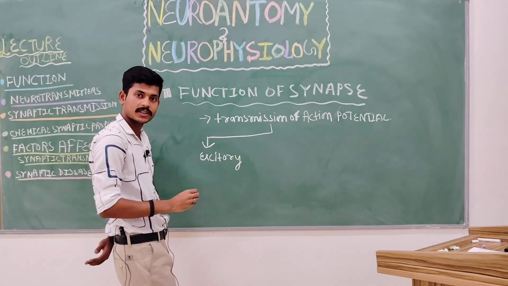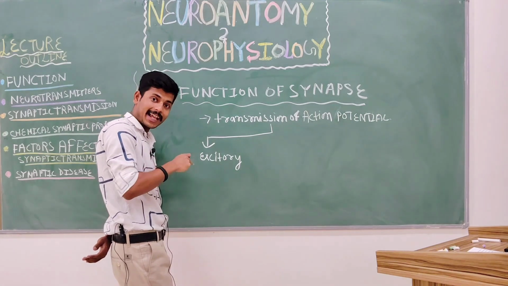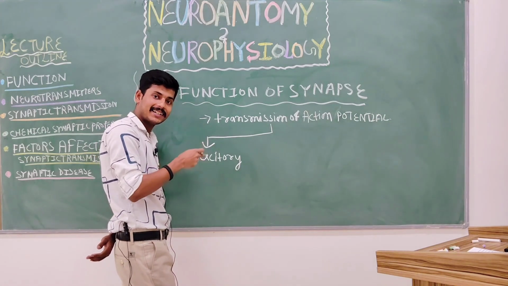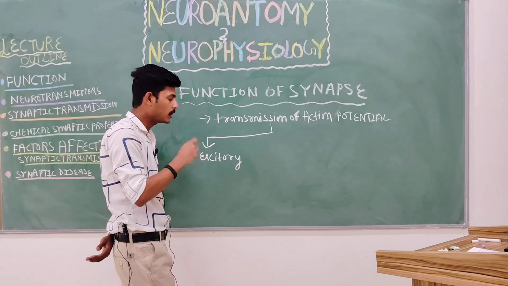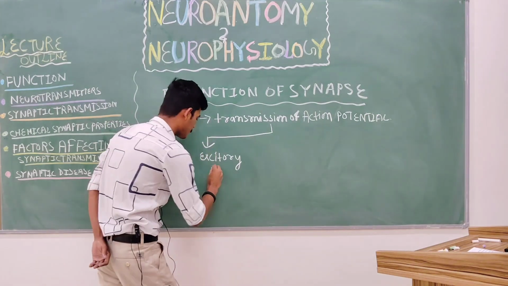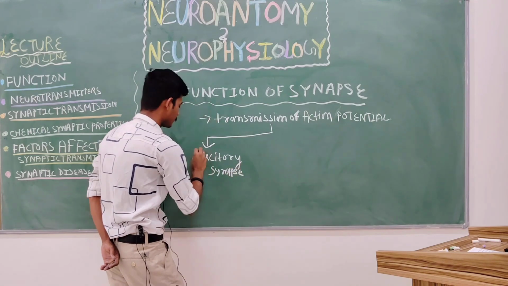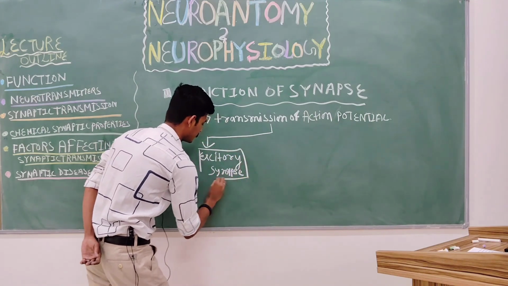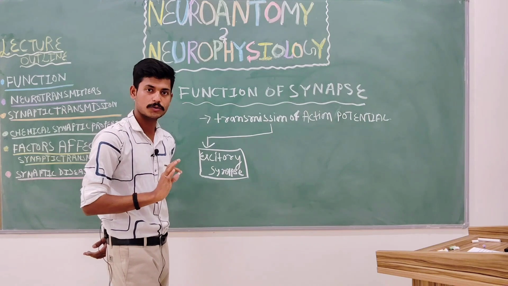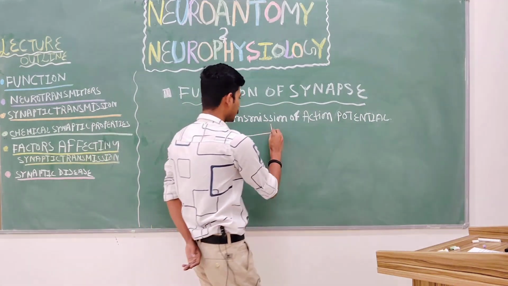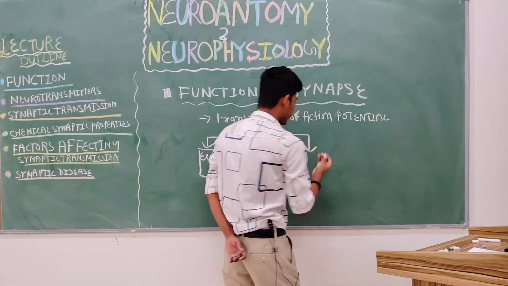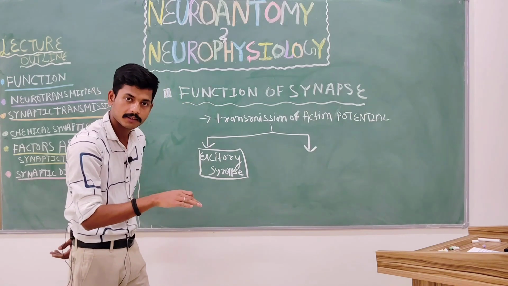The synapse which is involved in the excitation, the excitatory function, we term as excitatory synapse. Understood? Now, the alternative is inhibitory.